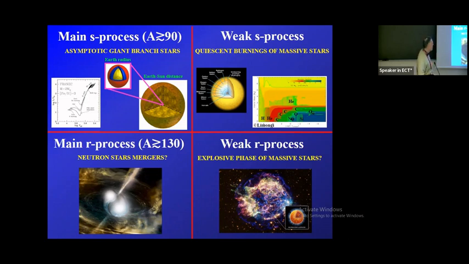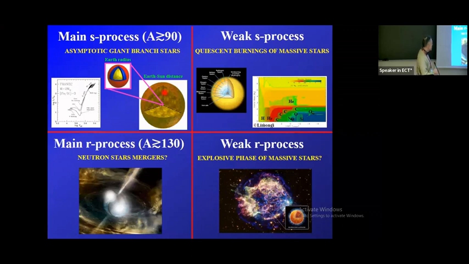In particular, the so-called main S process, that is the production of nuclei with a mass number larger than 90, occurs in asymptotic giant branch stars, while the main contribution to the galactic chemical evolution of isotopes between iron and strontium comes from the so-called weak S process, which occurs in core helium burning and carbon shell burning phases of massive stars.